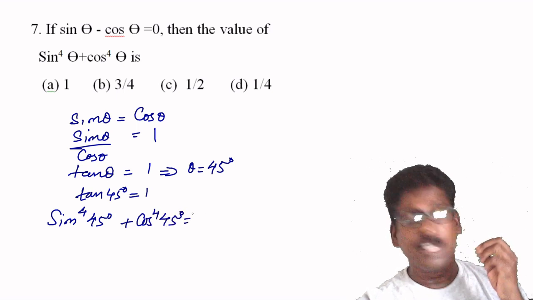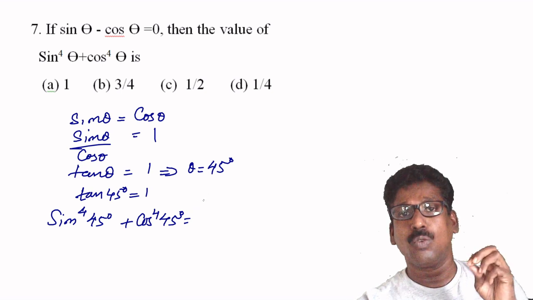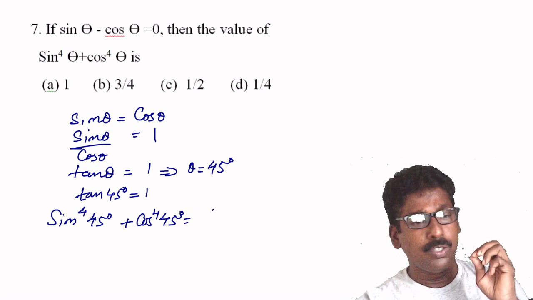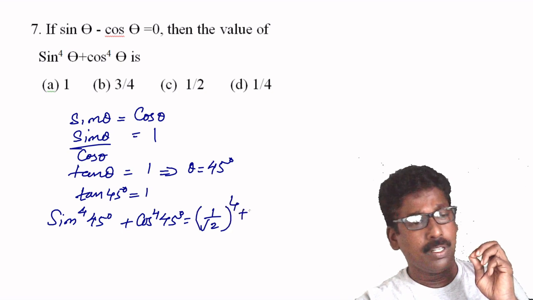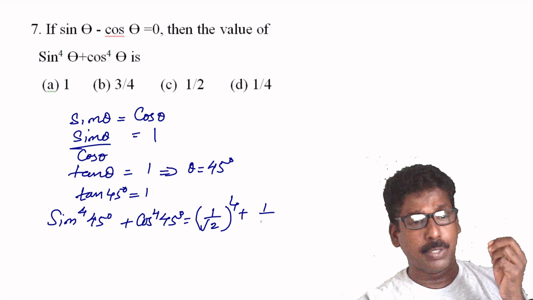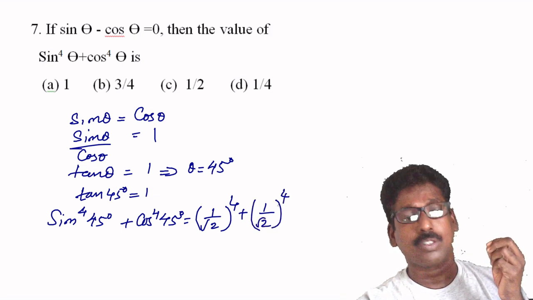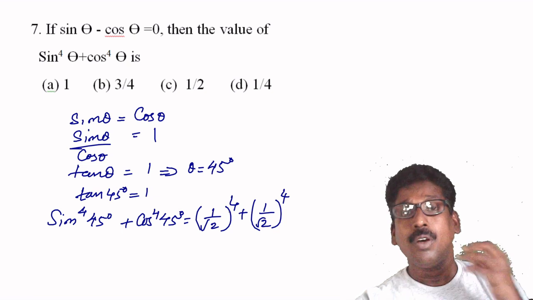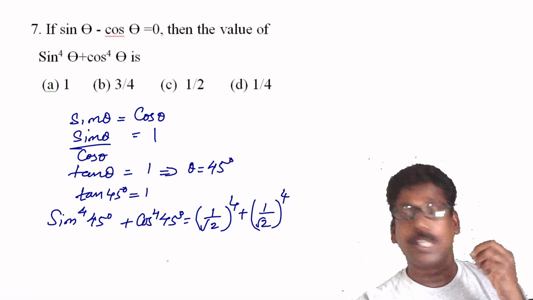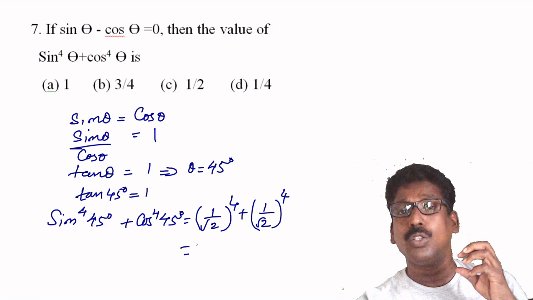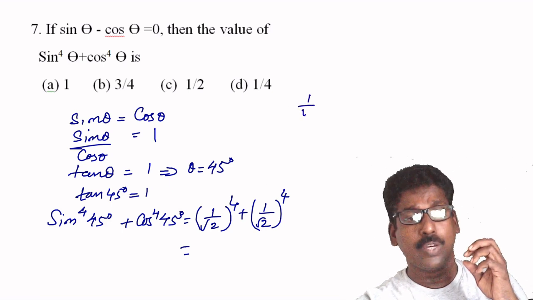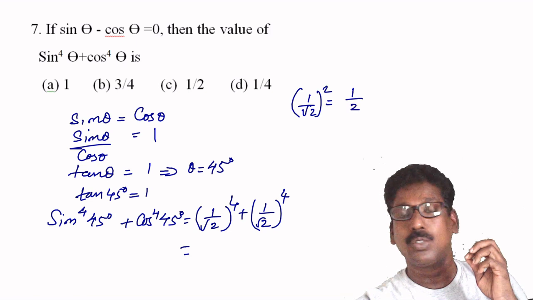You will get sin 45 degrees as 1 by root 2. So it is (1 by root 2) whole raised to 4 plus cos 45, also 1 by root 2, (1 by root 2) whole raised to 4. What is (1 by root 2) whole raised to 4? It is (1 by root 2) whole squared, you will get it as 1 by 2.